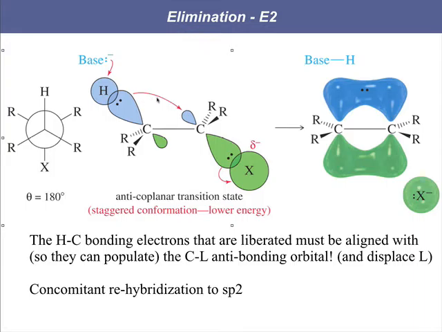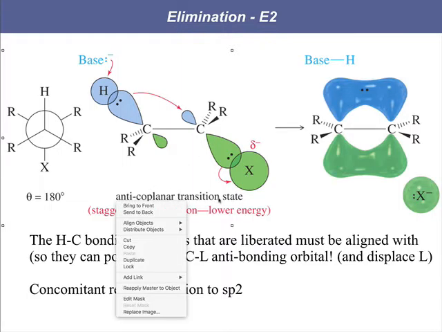As we feed into that antibonding orbital and make a pi bond, that breaks the corresponding bond, the bonding orbital corresponding to the antibonding orbital, and that causes the leaving group to leave and take its electrons with it. That, of course, requires that these groups, the H on the carbon and the leaving group on that carbon, be staggered and be anticoplanar.